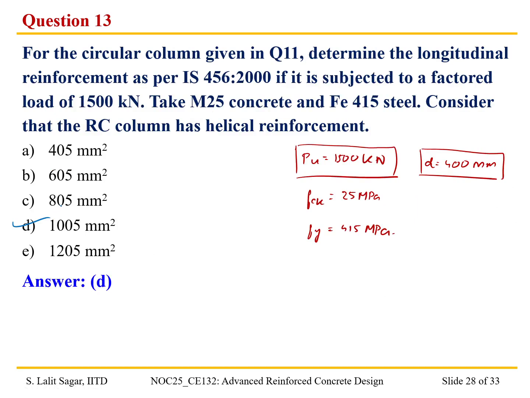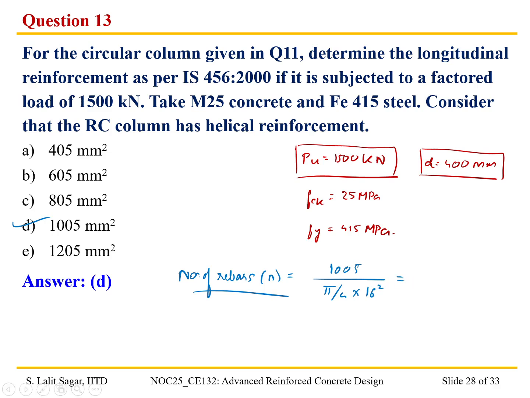Now let us see how many rebars this corresponds to. The number of rebars can be denoted by N. N is equal to 1005 divided by pi by 4 of 16 square.